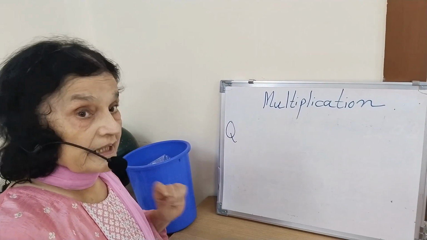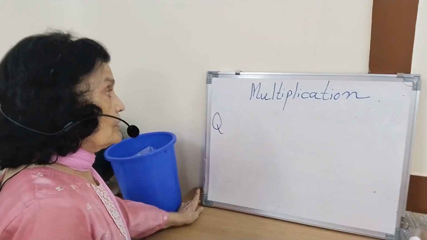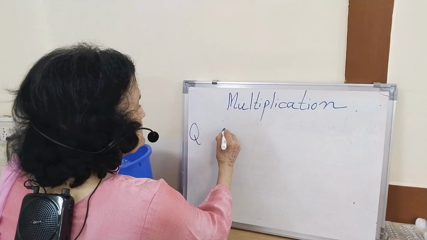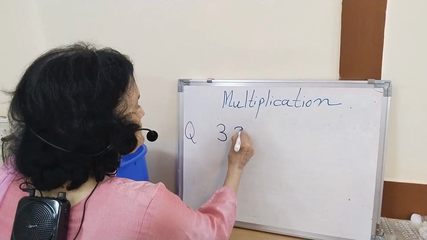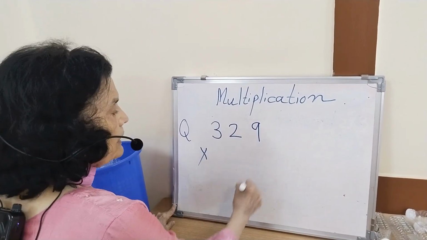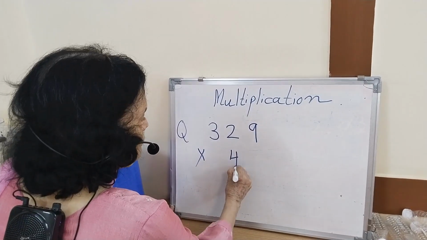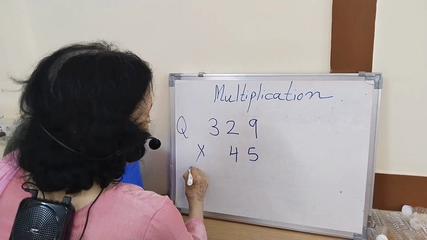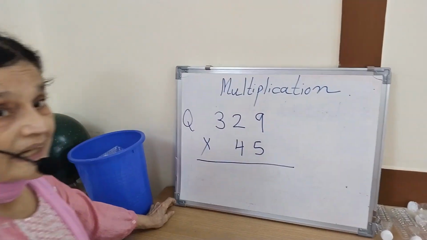Suppose your teachers ask you to multiply a 3-digit number, say 329, by a 2-digit number, 45, then how are you going to proceed?